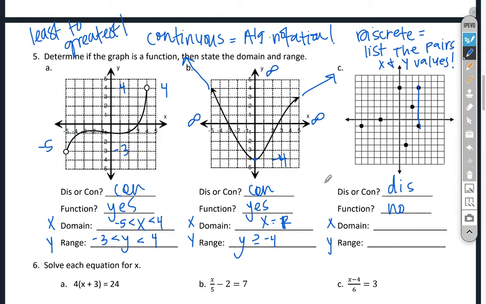Whether you're talking about just listing them all, or if you're making an algebraic notation range, we're still listing it in order from least to greatest. Okay, so let's figure out what we've got. -6, -2, -3, 0, -1, -4. I'm just writing down all these ordered pairs first.